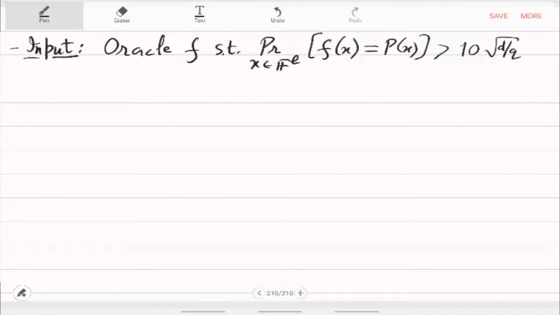Okay, so actually f and p don't match on nearly 90% of the points, and they match on this much, 10 square root of d by q, and we take the size of the finite field to be more than d to the 4.